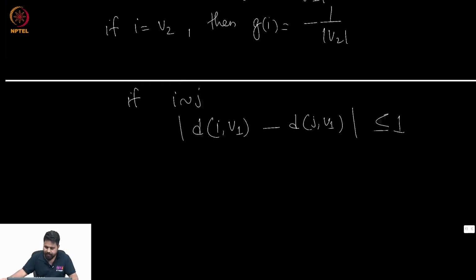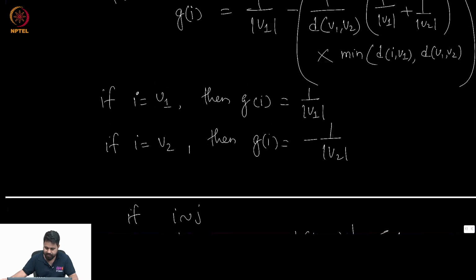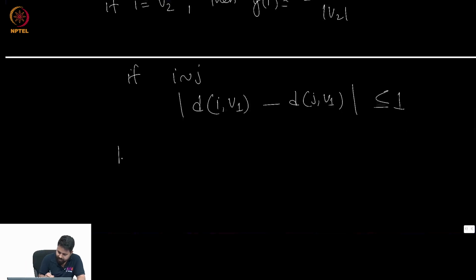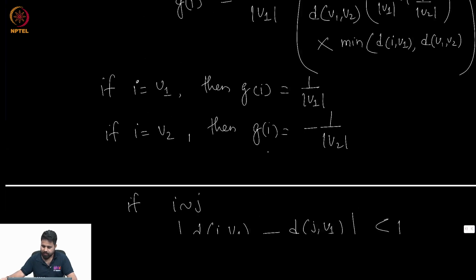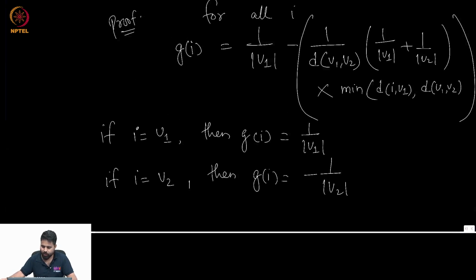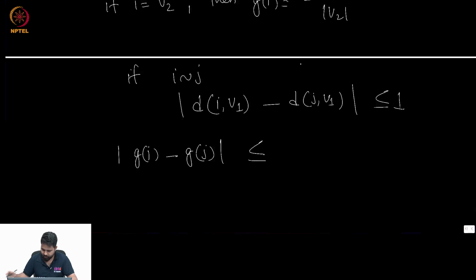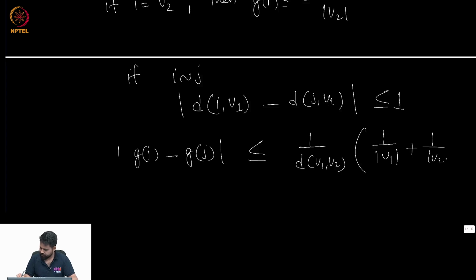Now this implies that if you subtract gi minus gj, then this quantity will always be less than or equal to this number. So this mod will always be less than or equal to d(V1, V2) times this number, 1 over |V1| plus 1 over |V2|. Very good.